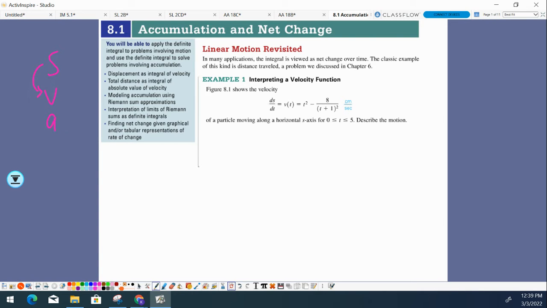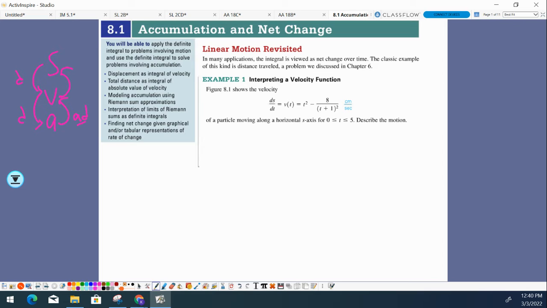We take the derivative of position to get velocity. We take the derivative of velocity to get acceleration. To go backwards, we do the antiderivative of acceleration to get velocity, and the antiderivative of velocity to get position. So keep that in your brain as we go through.